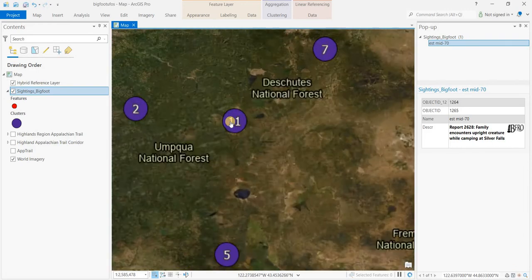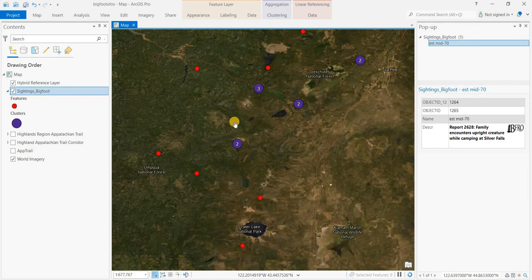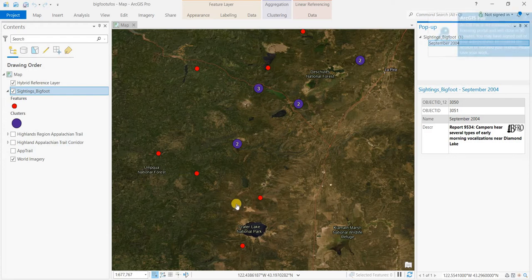A cluster of 11 between Deschutes National Forest and Umpqua National Forest. September 1979, 1980, late night up-close encounter in the Umpqua National Forest. September 2004, campers hear several types of early morning vocalizations near Diamond Lake.